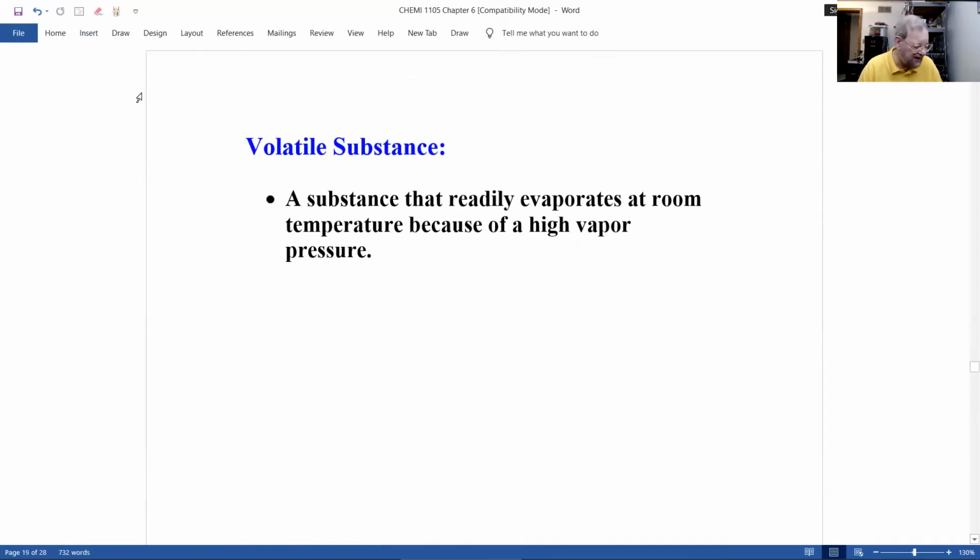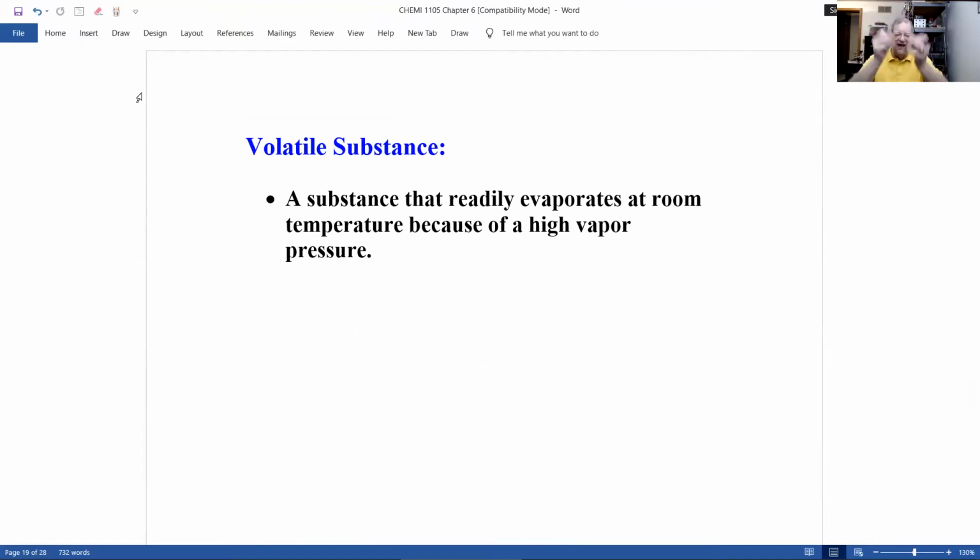Now, quick thing, I just thought I'd tell you, and this will never be on a test: what's a volatile substance, such as gasoline? That's a substance that readily evaporates at room temperature because it has a very high vapor pressure.